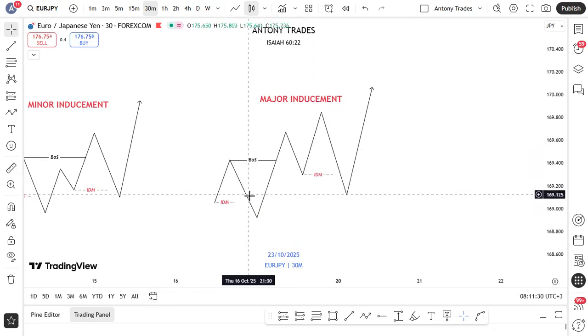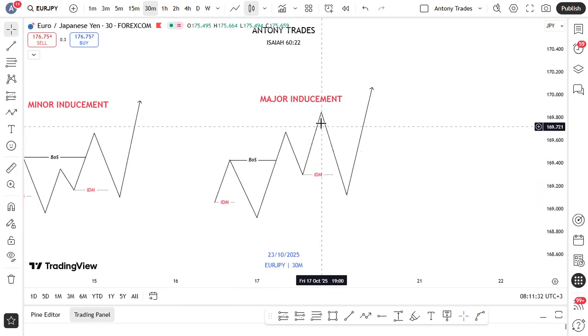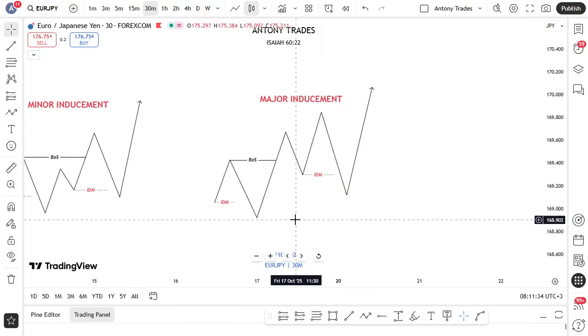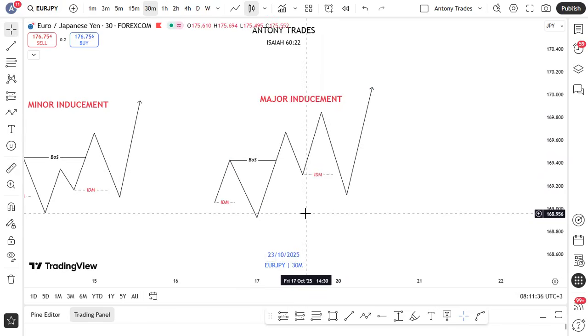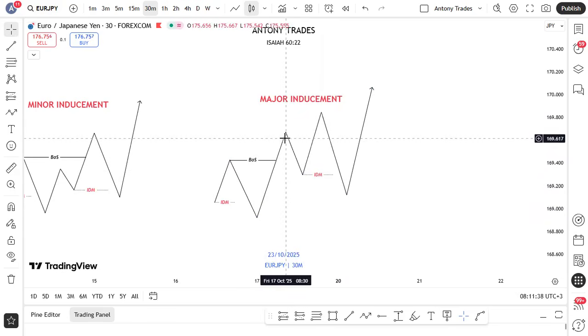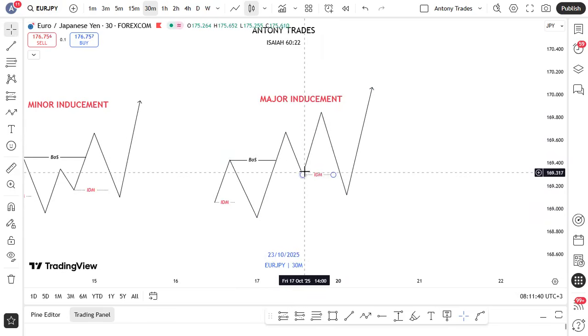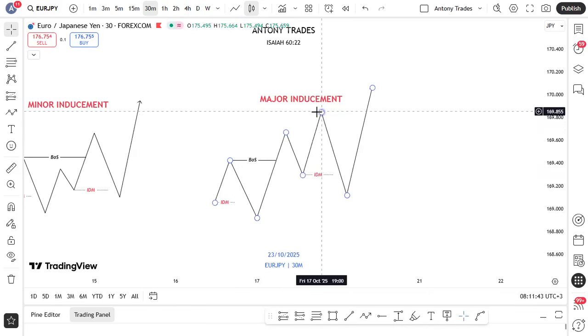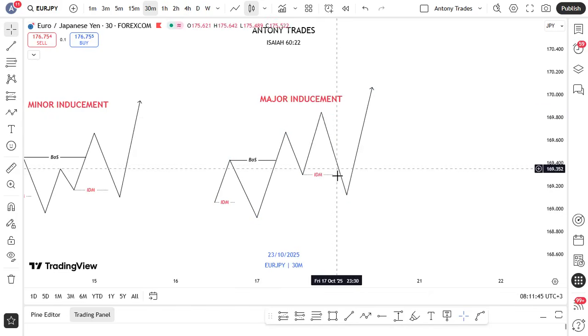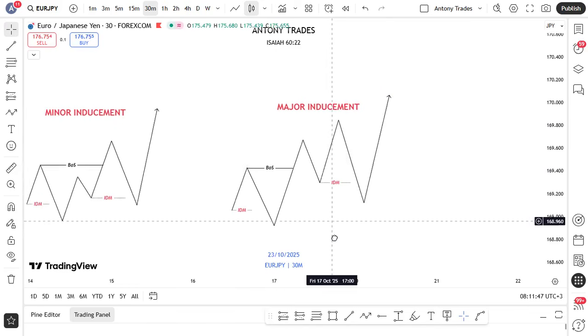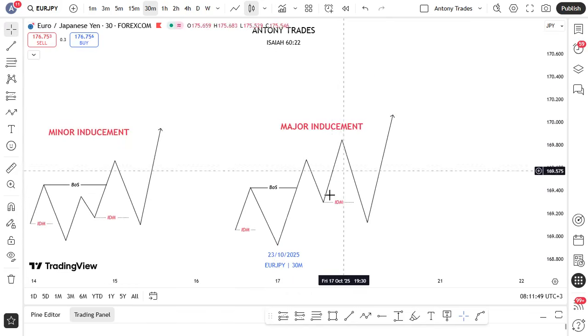These are the institutions that move the market. You know, my $100, my $1,000 does not move the market. But these big institutions that move millions of dollars, they are the ones that cause the movement that you see on the charts.